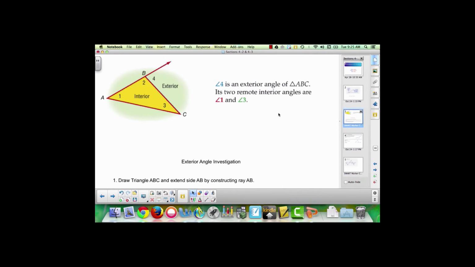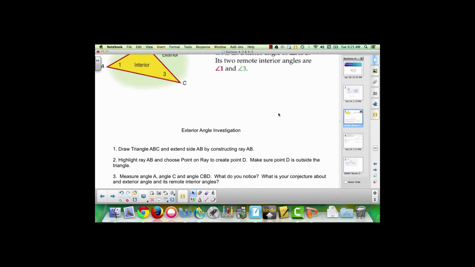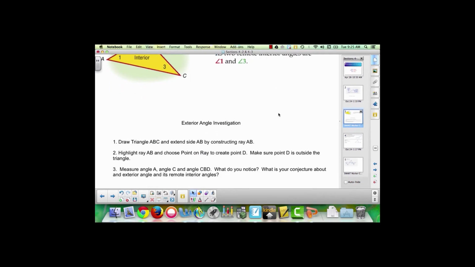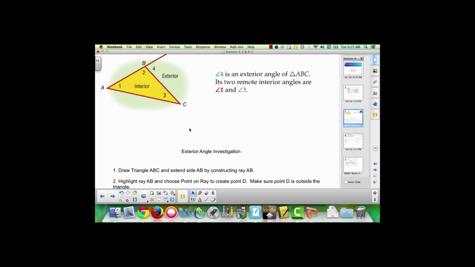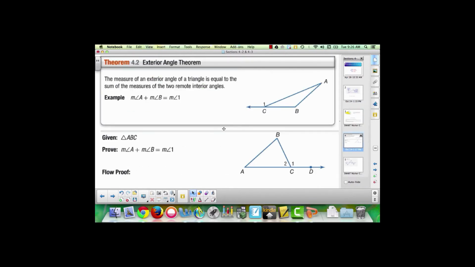Now, I would like you to do an activity to help you see the relationship between the measure of the exterior angles and the measure of its remote interior angles. Okay, hopefully from your results you saw that the exterior angle is equal to the sum of the measures of its remote interior angles.